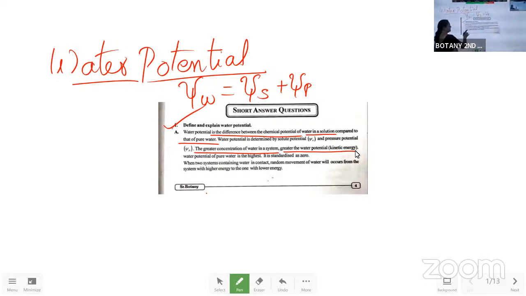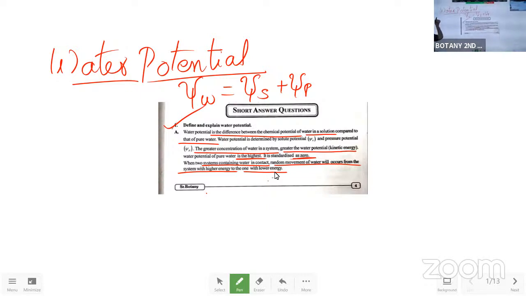So the water potential of pure water is 0, which is the highest one. When two systems containing water are in contact, random movement of water will occur from the higher energy to the lower energy. You can write that in your own words.